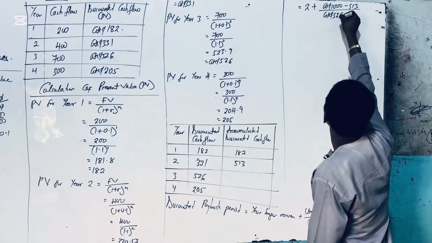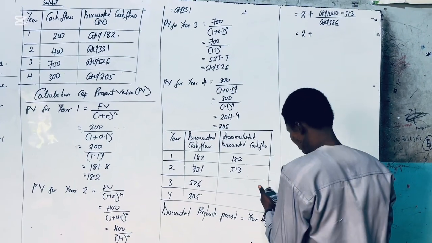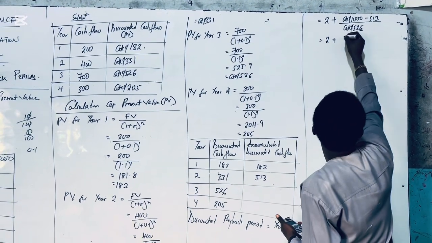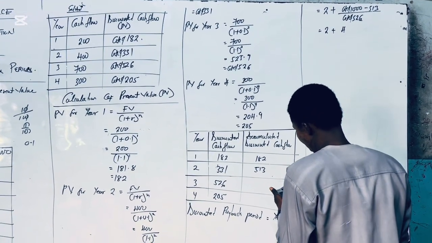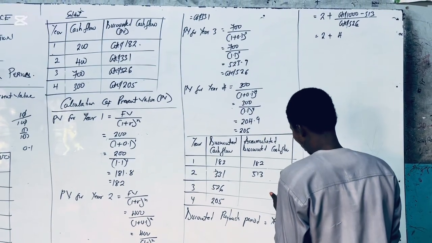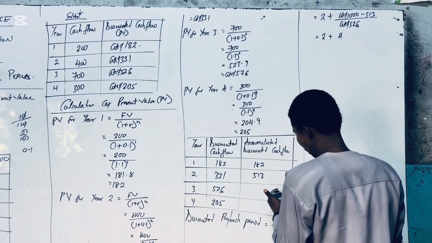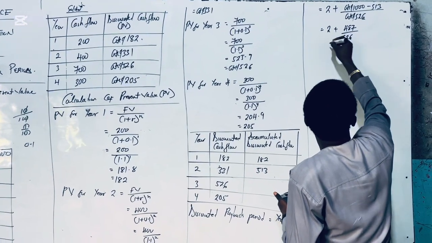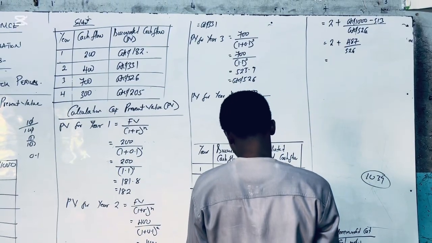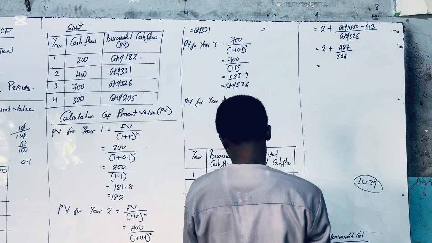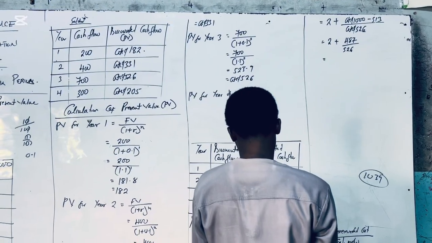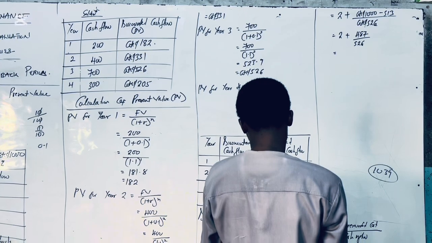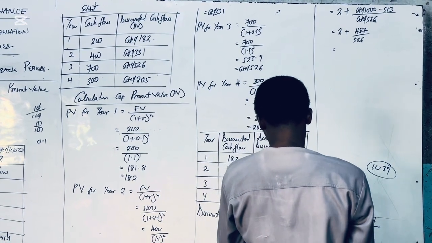So we have 2 plus our 1,000 minus 513, which will give us 487. So 487 divided by 526, plus 2.